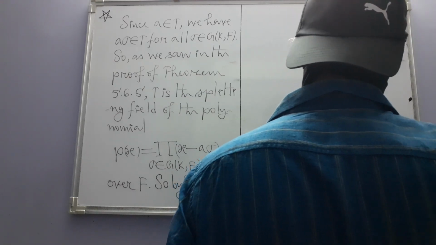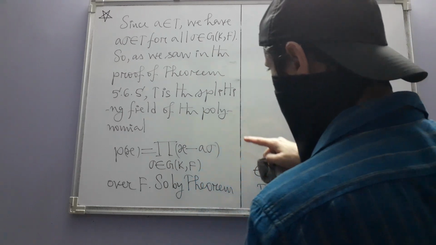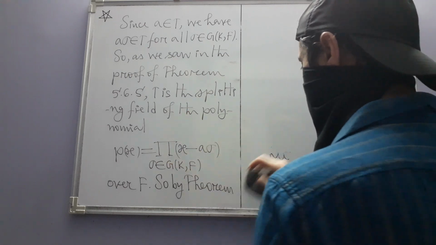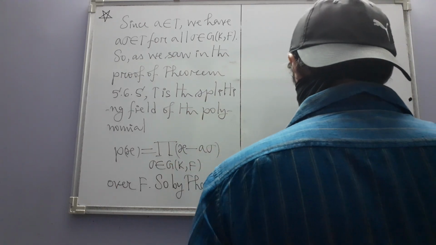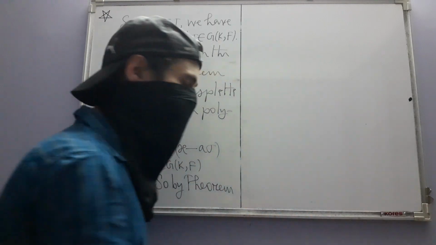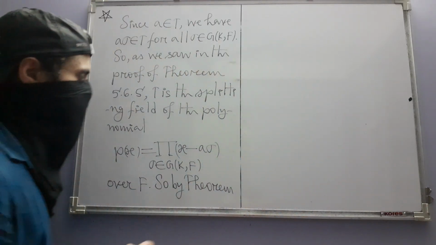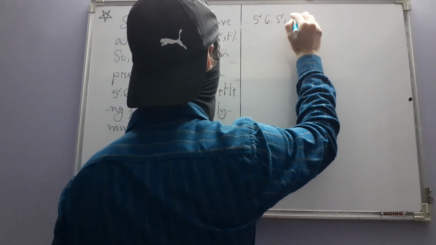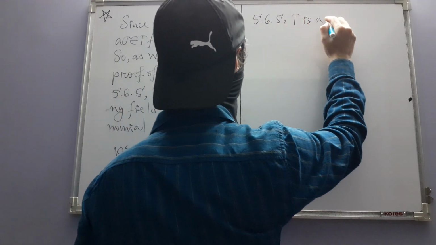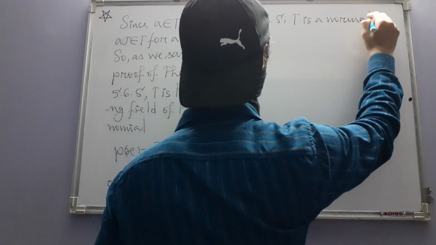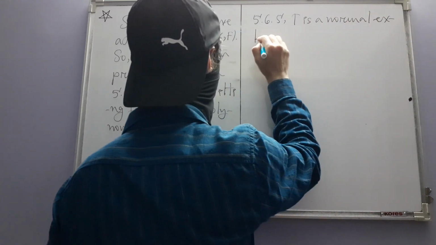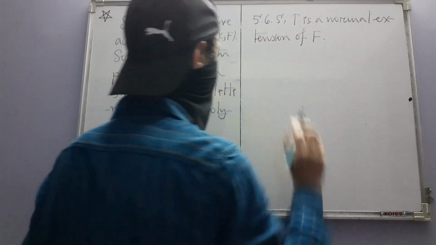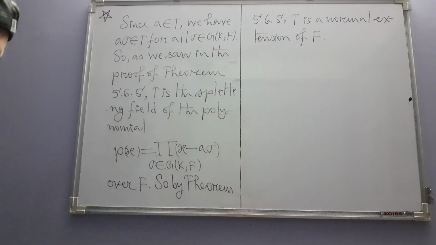It gives us normality of an extension. Here we are seeing that T is the splitting field of a polynomial over F. So T now is going to be a normal extension of F. T is a normal extension of F. That is the conclusion.